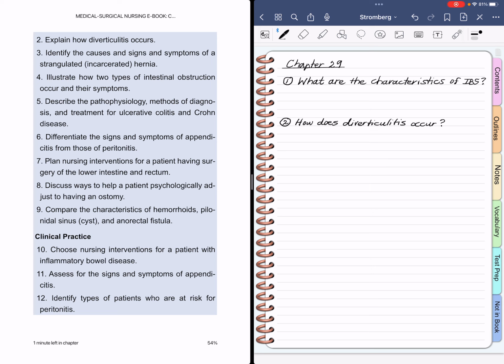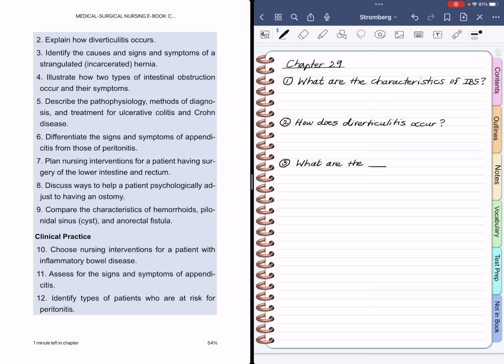Okay, number 3. I'm not going to do all of these, but you get the idea. Identify the causes and signs and symptoms of a strangulated or incarcerated hernia. So what are, now this one I would do this way.